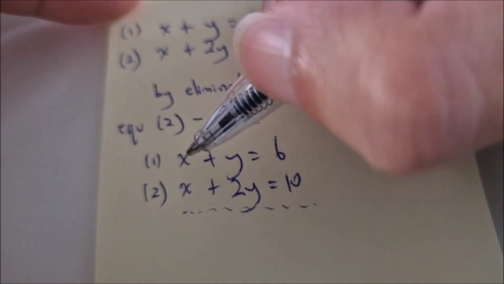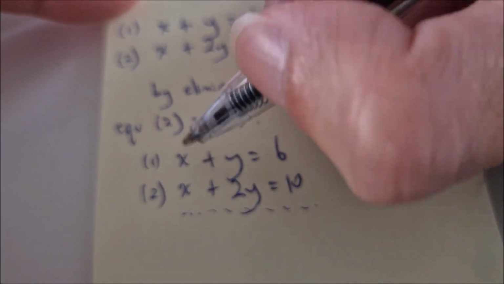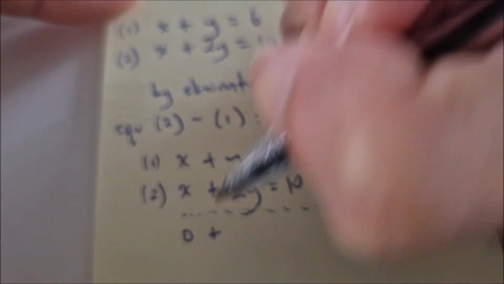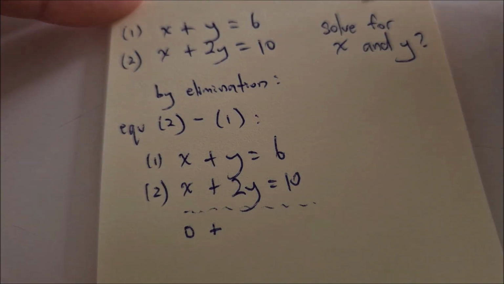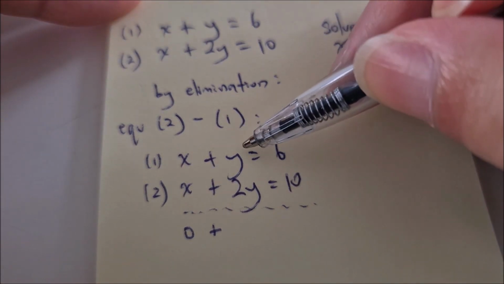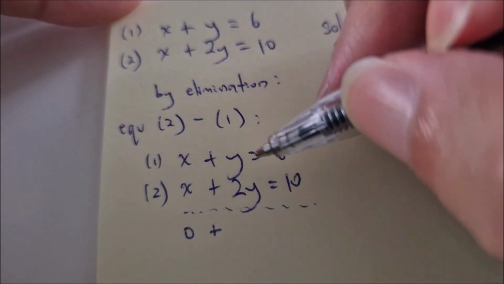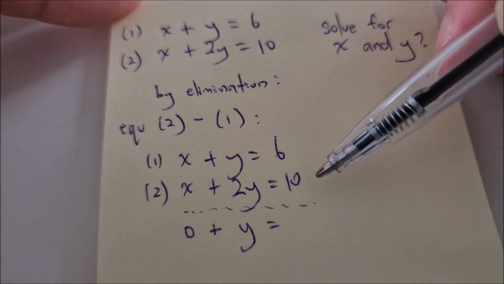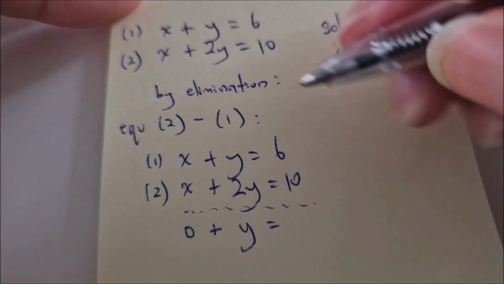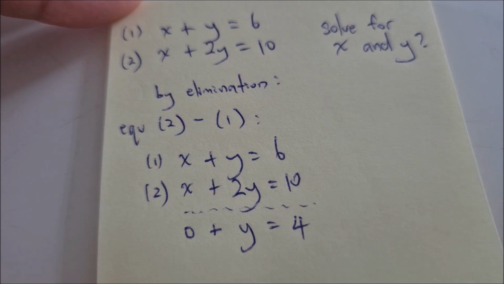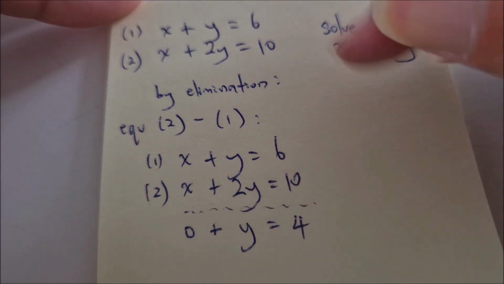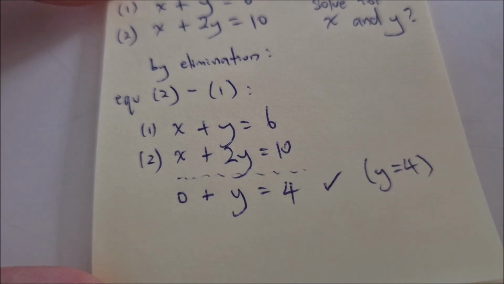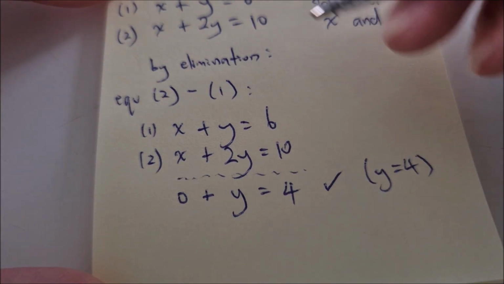So from equation 2, we do x minus x, which is just 0. And then 2y minus y, and then equals 10 minus 6, 4. That means we have solved for y, which is 4. So now we know y equals 4.